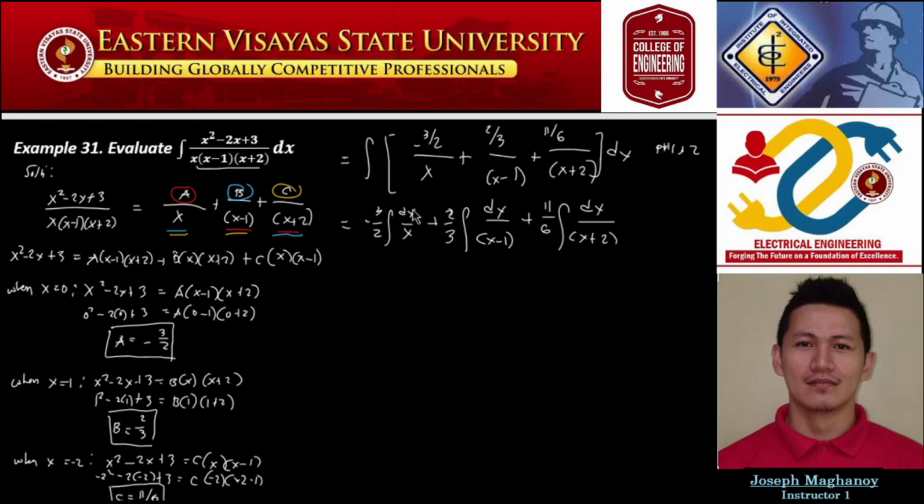So applying again our logarithmic formula, logarithmic formula number 3: the integral of du over u is equal to ln u plus c.